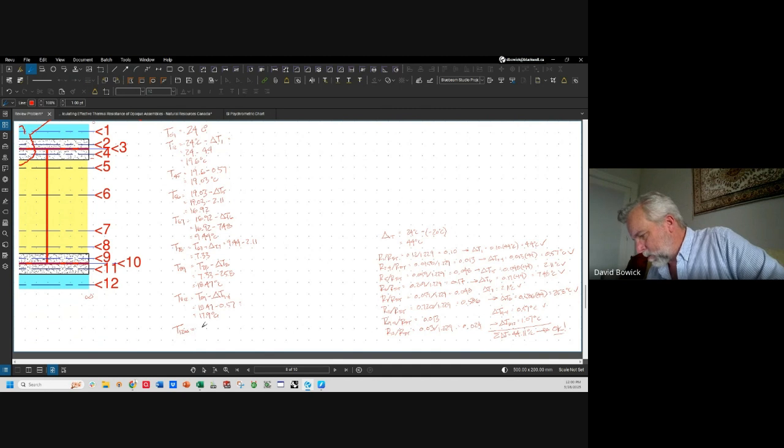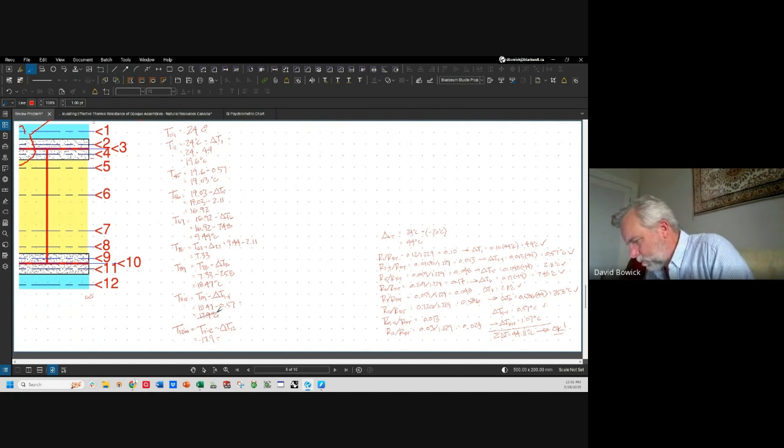T12 infinity equals T 11 12 minus delta T12.